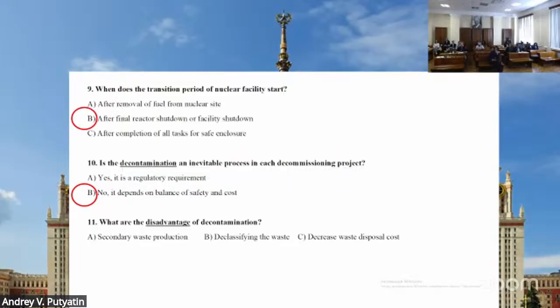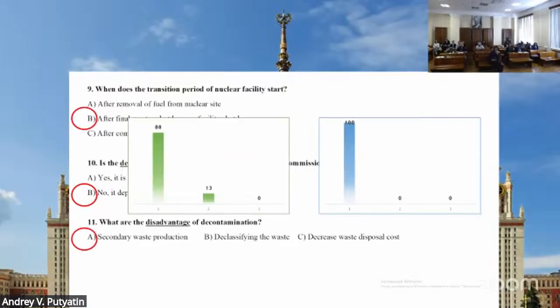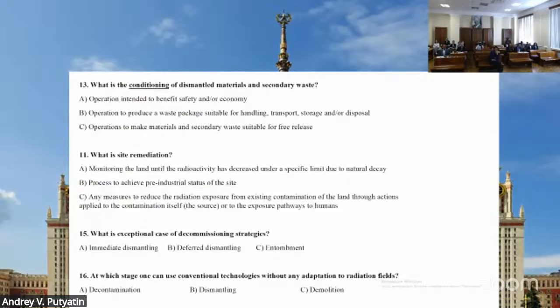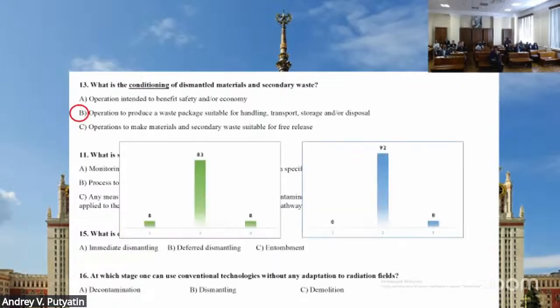Disadvantage of decontamination, of course, is the production of secondary wastes. And again, now it's 100% correct answers. The conditioning of dismantled materials and secondary waste is an operation to produce the waste package suitable for handling and further operations.